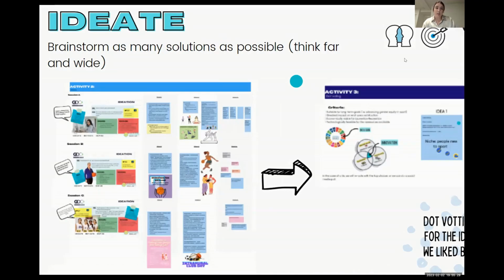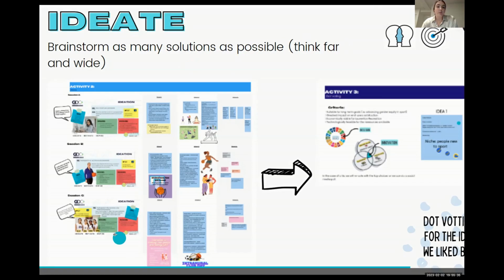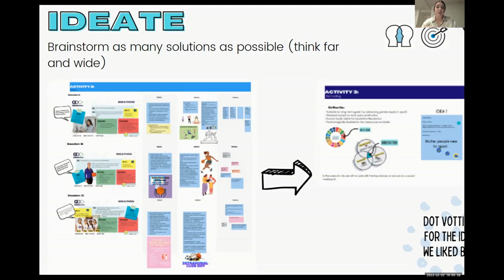And so moving on to the next phase of ideation. As you can see on the left-hand side here, we had 3 different personas, and the design team broke out into 3 groups, and they each got to spend a designated amount of time working through each persona's experience. They were instructed to ideate as many solutions as possible, even if they were unrealistic, to create lists.